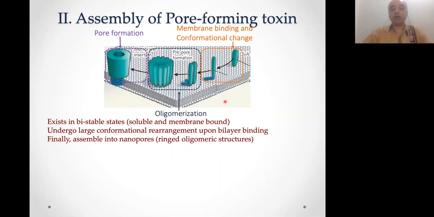Okay, the system that I'm talking about is this system of pore-forming toxins. These are bacterial toxins that are produced in a water-soluble form by the bacteria. They are released by the bacteria. They could bind to the membrane of a mammalian cell, undergo large conformation changes, assemble into a ring-like structure, and then they would puncture a hole into the membranes of these mammalian cells.